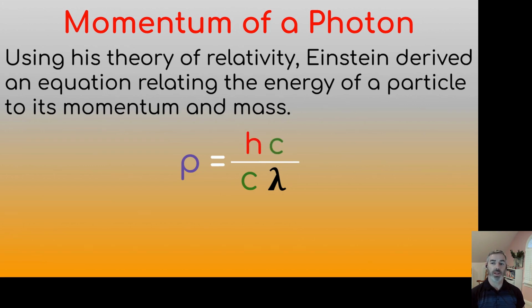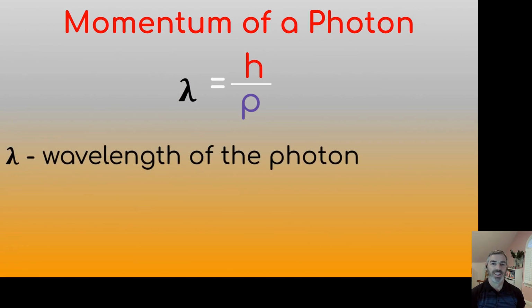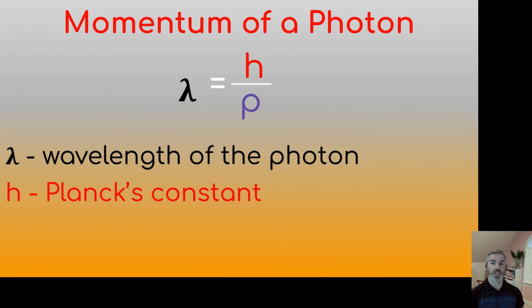Well, now we have speed of light in the numerator and denominator, so we can cancel those out, showing that the momentum of a photon is equal to Planck's constant divided by its wavelength. So lambda is the wavelength of the photon in meters or nanometers. h is Planck's constant, which we know we have two values for depending on our units. And lowercase p is the momentum of the photon.